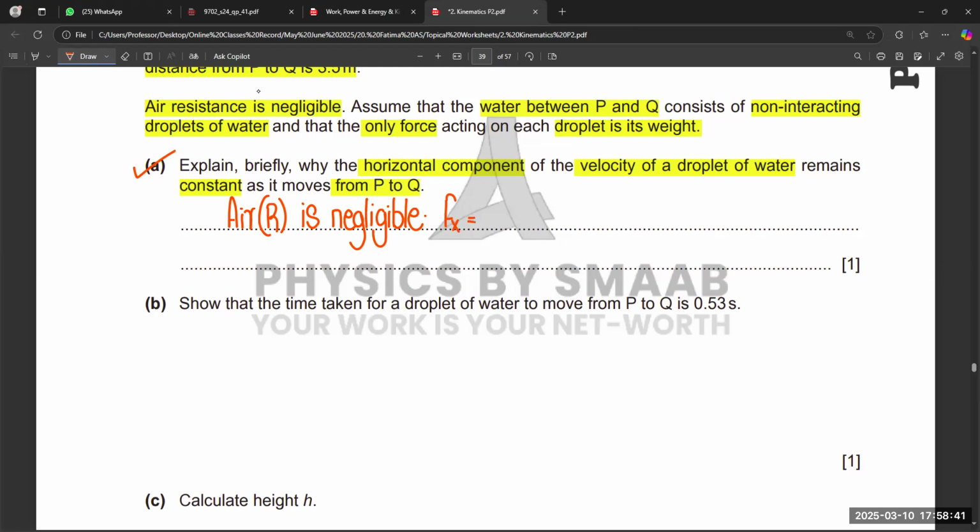So the resultant force on the x-axis is equal to 0, and acceleration on the x-axis is also equal to 0.